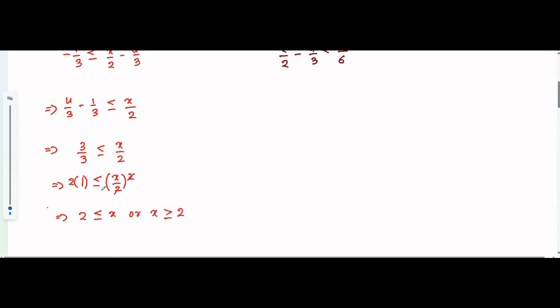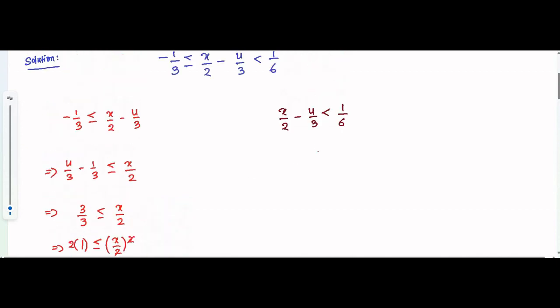Okay, so we have the first part of the solution. Either way you write it, it will be correct. Now the second part of the given inequation. So here we'll take this minus 4 by 3 to the other side, and it will become plus. So that implies x by 2 is less than 1 by 6 plus 4 by 3.